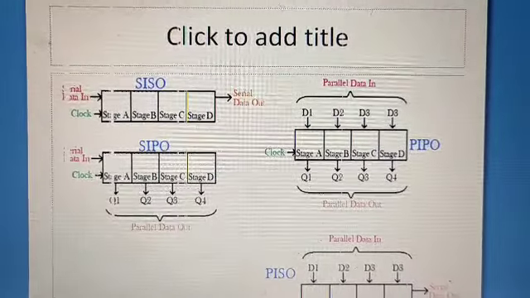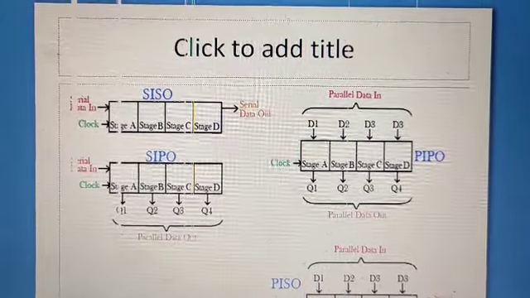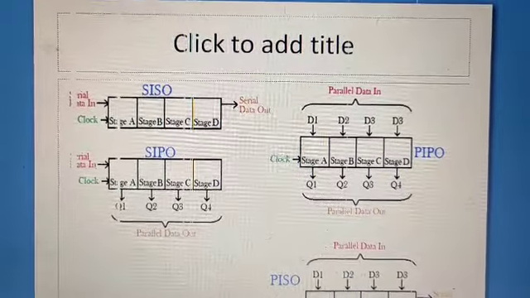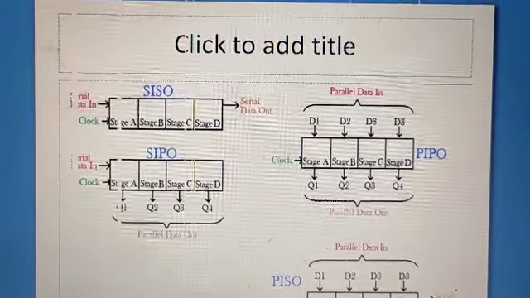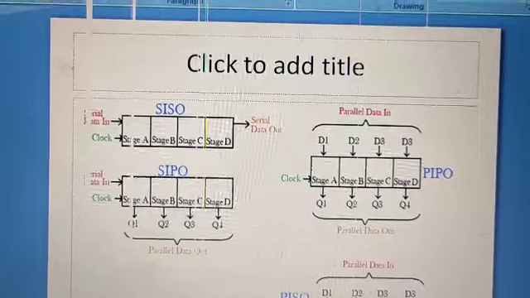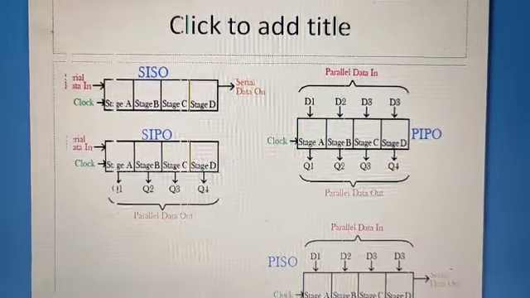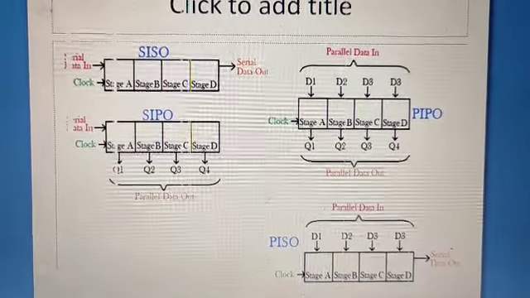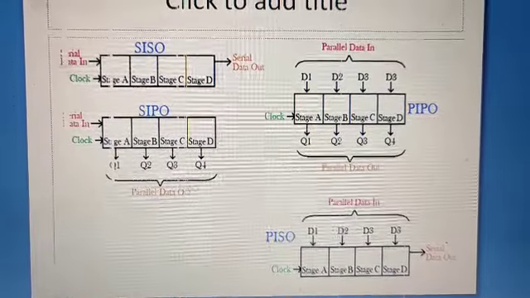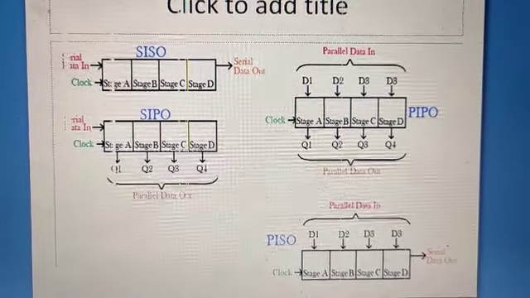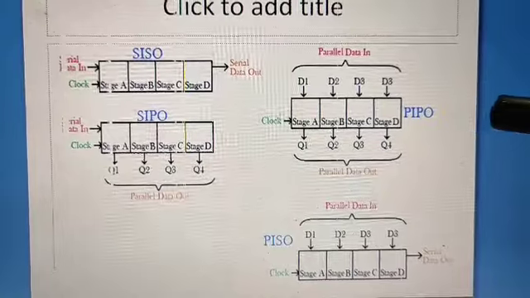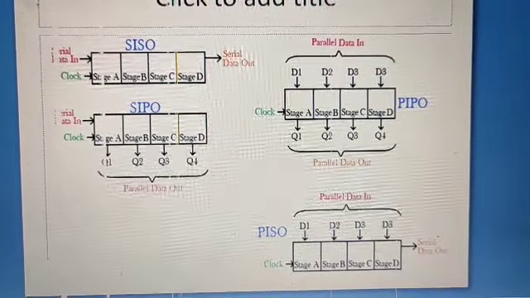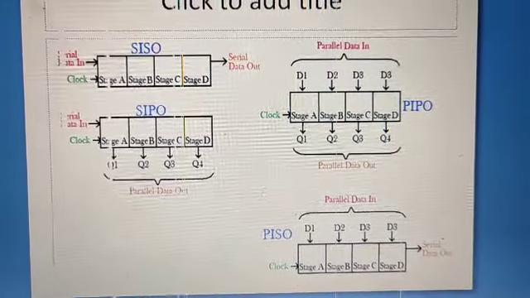And for long distance transmission, the serial bits are transmitted, and at the receiver side the serial data has to be converted into parallel form for easy processing. So you have to keep which kind of device? Serial in parallel out, because the data will be coming in the serial form and it has to be converted into parallel form for easy formatting.